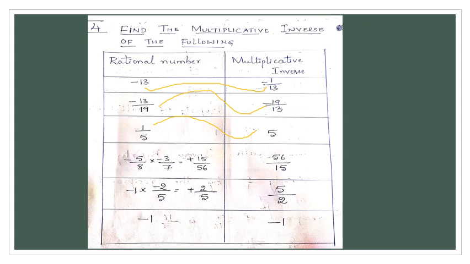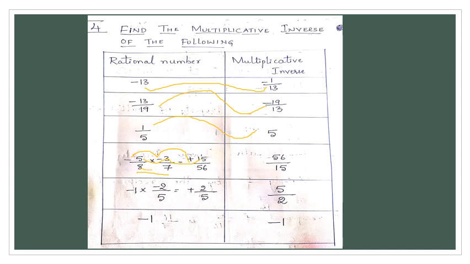In the fourth one, observe the fourth one. See, minus 5 by 8 into minus 3 by 7 is there. So, let us simplify these rational numbers. See, multiply the minus and minus, we will obtain the plus sign. Minus into minus equals to plus. Then 5 3s are 15.